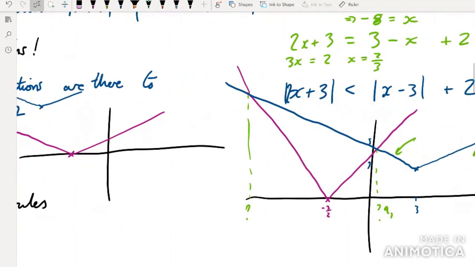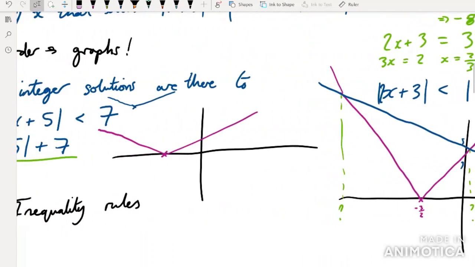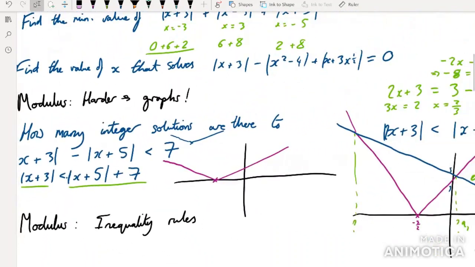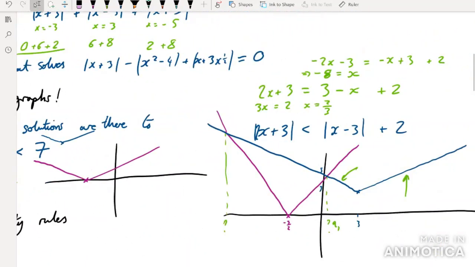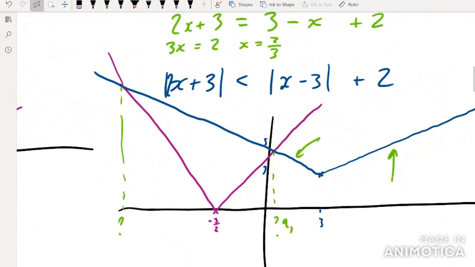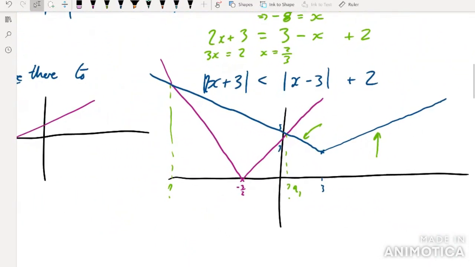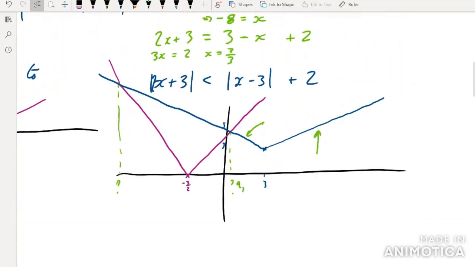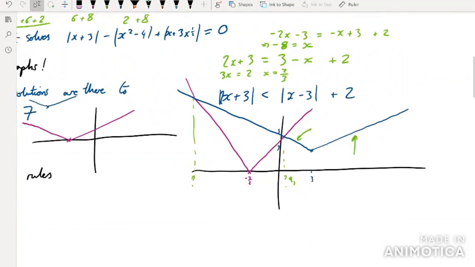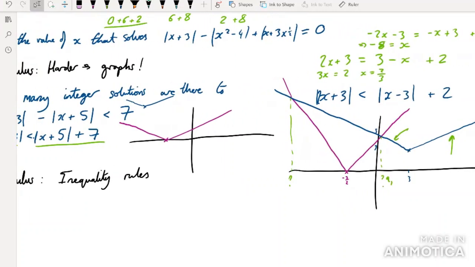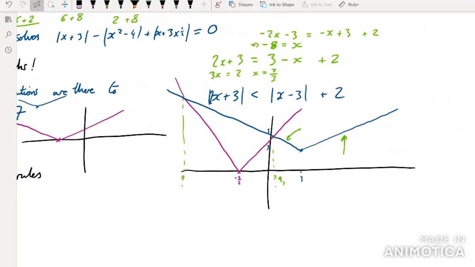So these questions are much harder, but you can see how using graphs, you can definitely start to get an idea of what the answer will be. And imagine it was instead of how many integer solutions, which is quite a nasty thing, just find the values of x for which this is true.